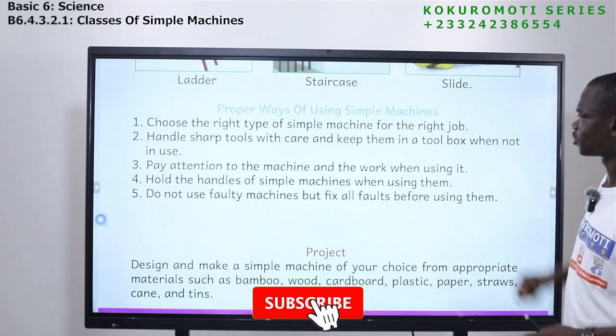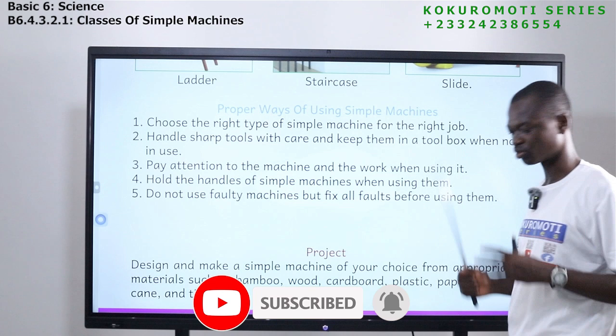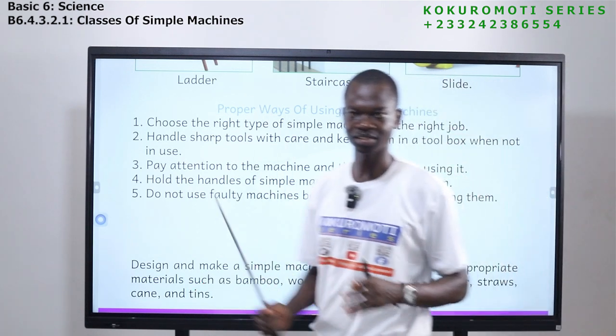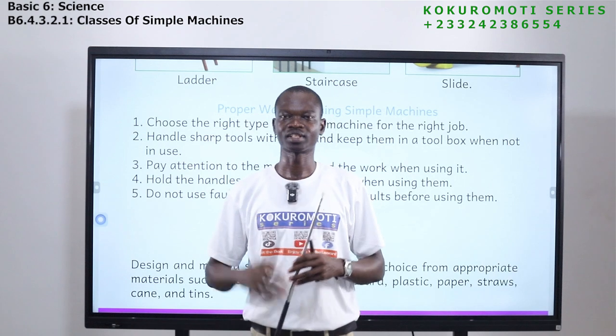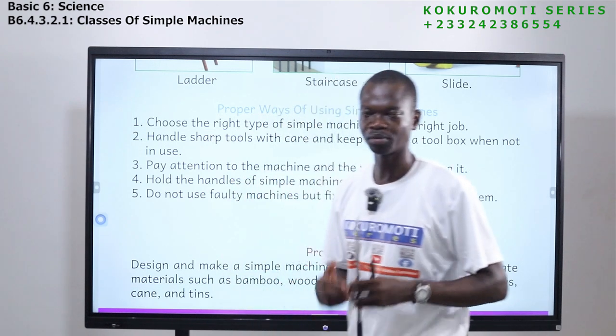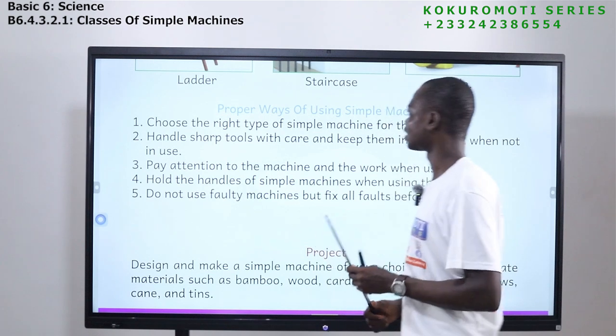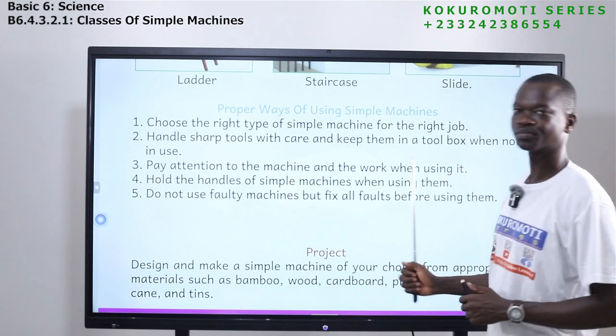Now let's move on. Proper ways of using simple machines. Today we have looked at simple machines and the classes that we have for simple machines. Now we are going to look at how to use simple machines properly. The first one: choose the right type of machine for the right job.